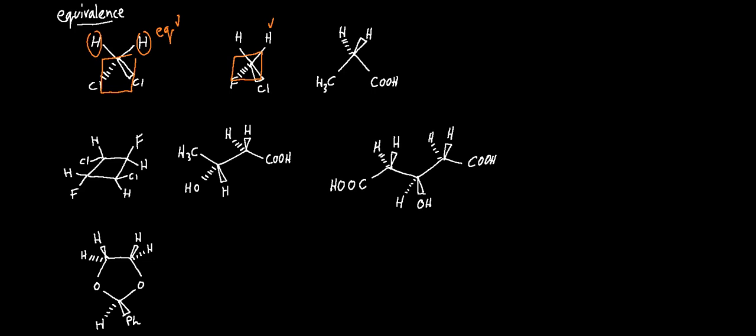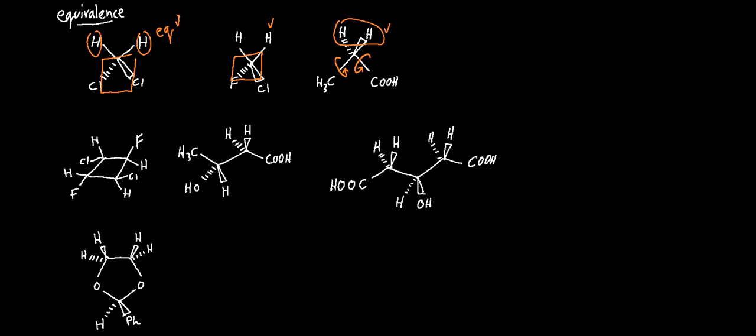When you're looking at equivalence, you want to see if there's ever a point of difference in terms of whether these protons are in different chemical environments. The other thing that's important to remember is that there is free rotation around single bonds. Because of this rotation, these protons are always in the same chemical environment, and so they're equivalent.